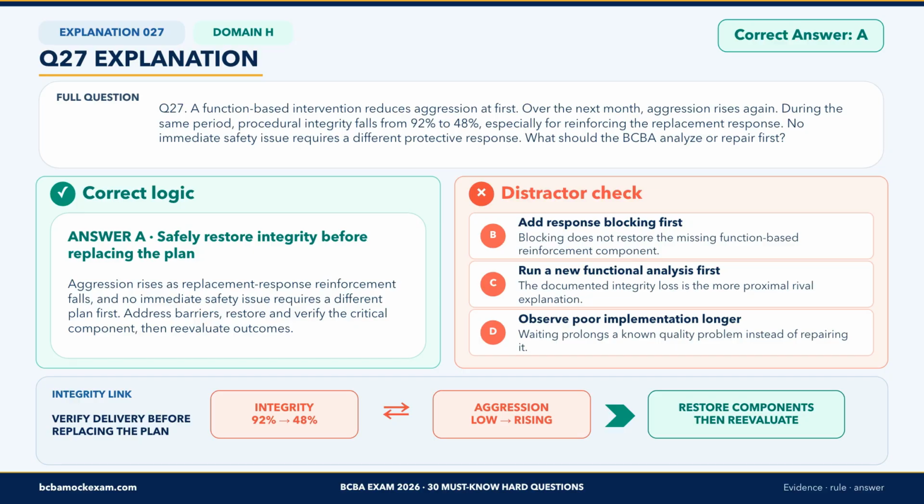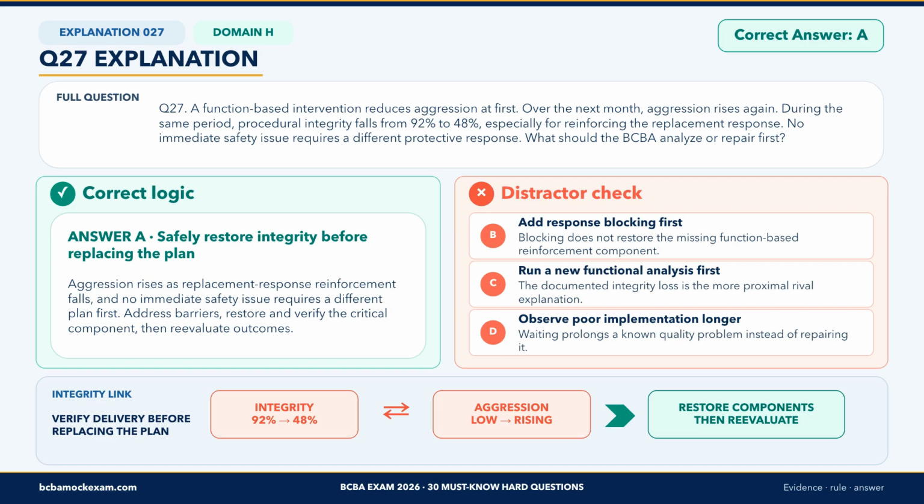B. Adding a protective component does not restore the missing function-based reinforcement or permit a clean efficacy conclusion. C. A new analysis may eventually be warranted, but the documented loss of a critical component is the more proximal rival explanation to test first. D. Waiting for naturally poor implementation prolongs a known quality problem.